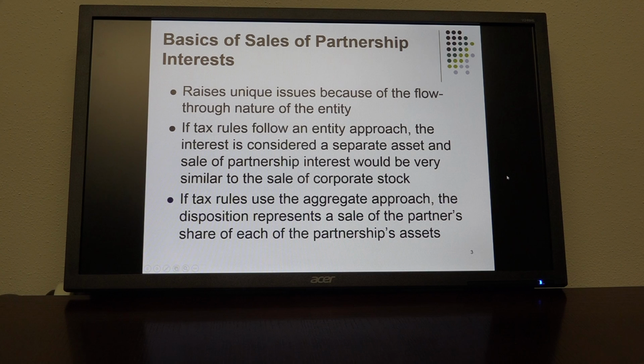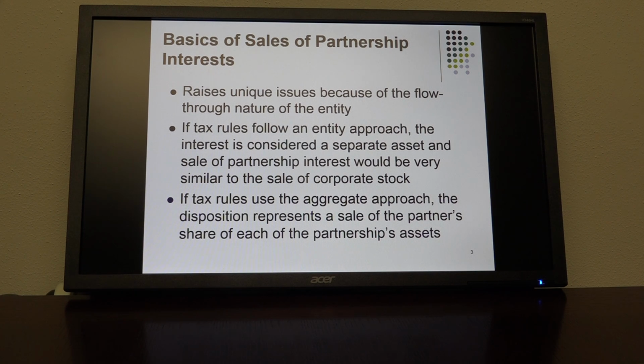And so, as it points out, selling a partnership interest raises some unique questions that go back to our discussion of the entity approach versus the aggregate approach. And so when you sell a partnership interest, the question is, well, is my interest in the partnership separate from the underlying assets of the partnership?